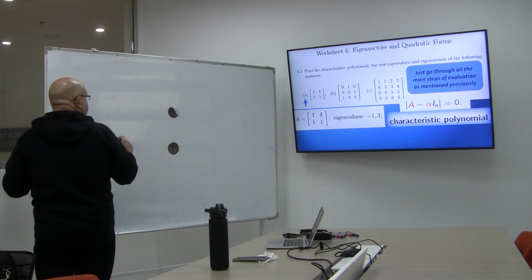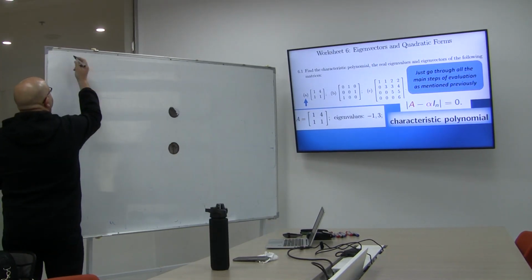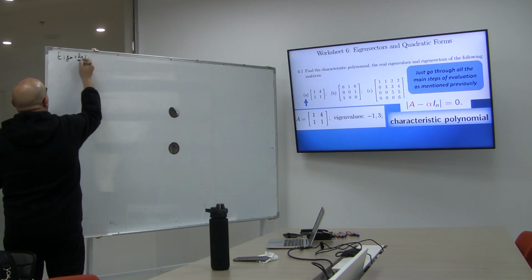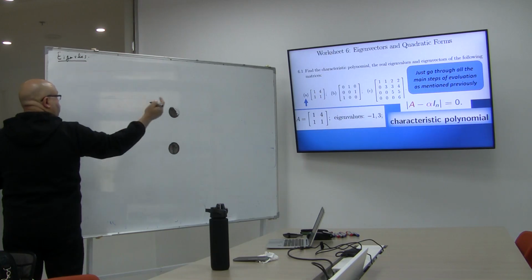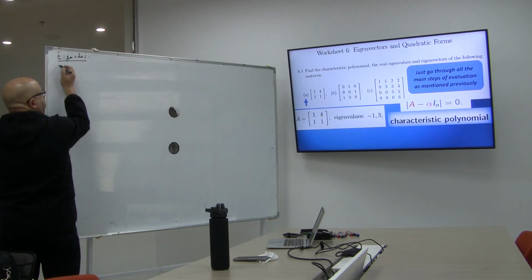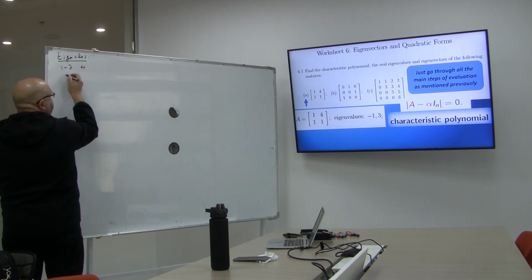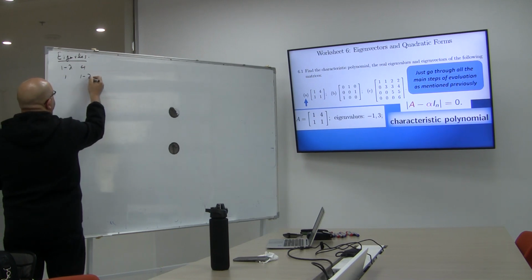So let's once more memorize that for this matrix, in order to evaluate the eigenvalues, all I have to do is substitute in this characteristic equation. So I will have 1 minus lambda for 1 minus lambda.